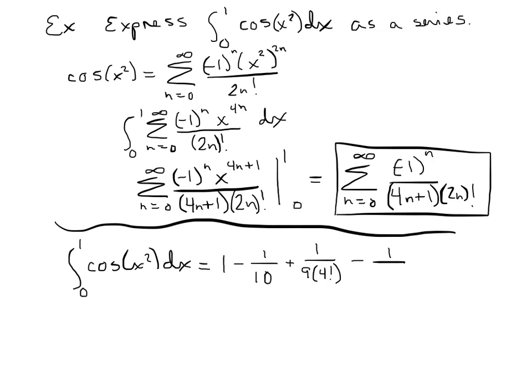Minus, now we're plugging in 3. It's a negative. 3 times 4 is 12, plus 1 is 13, times 3 times 2 is 6 factorial, etc. If we added up all of those numbers together, we would get the exact integral.